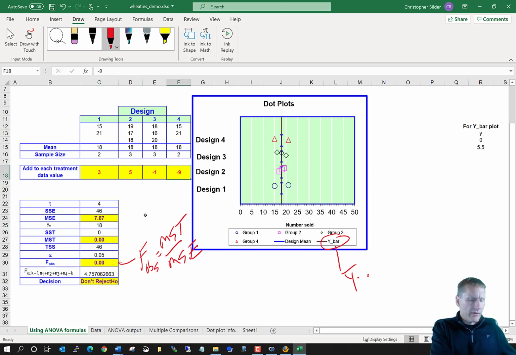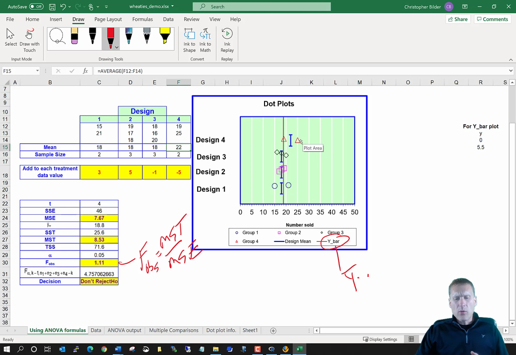But now this is on page 12. Let's make another change to our data. Instead of subtracting off 9, how about we subtract off now only 5? So now the mean happens to be 22 for design type 4. And what we can start seeing is that design 1, 2, and 3 are very similar.